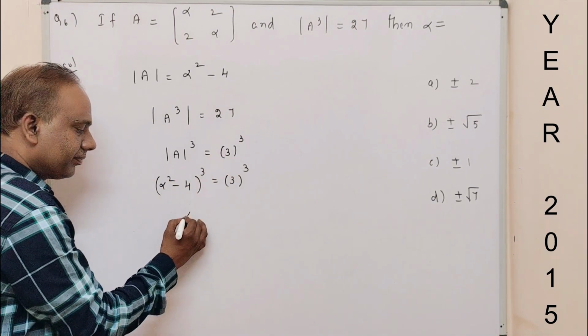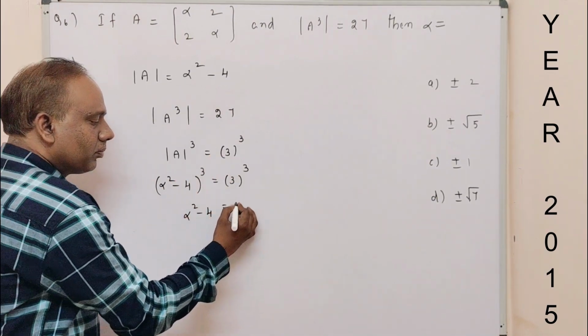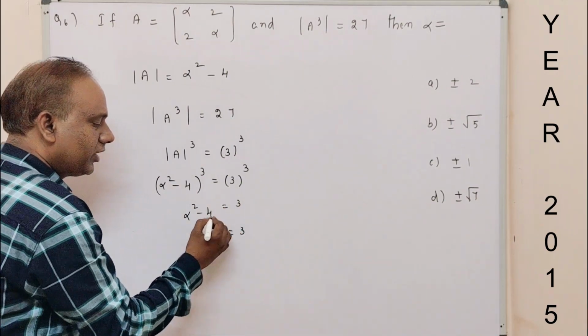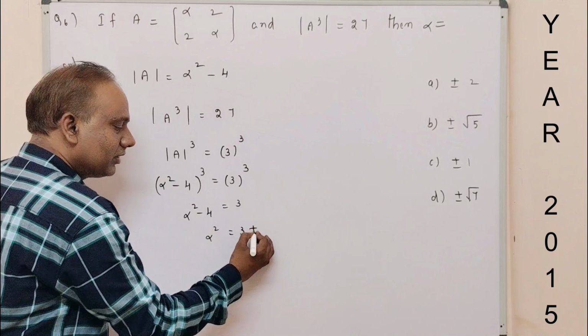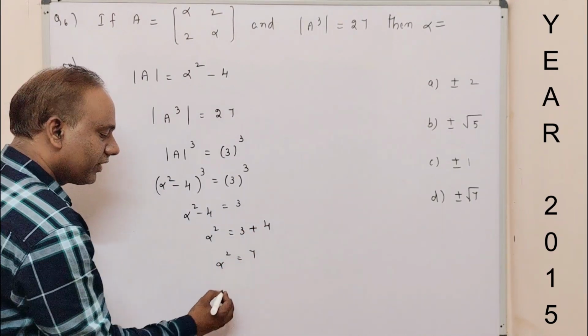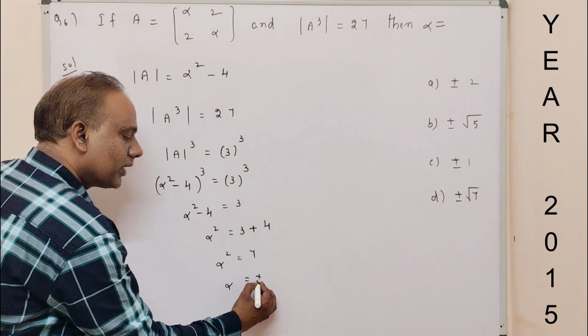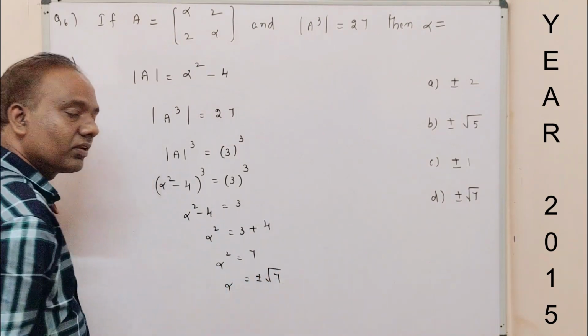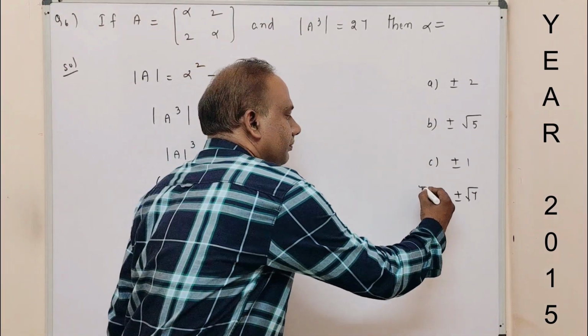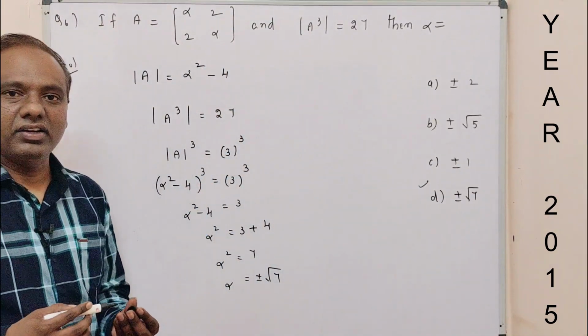So directly alpha square minus 4 is equal to 3. Alpha square is equal to 3 plus 4, you take it to the right side, it becomes plus 4. So alpha square is equal to 7. Alpha is equal to plus or minus root 7. So here option D is the correct answer.